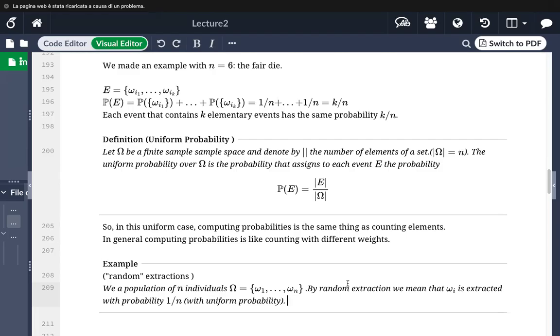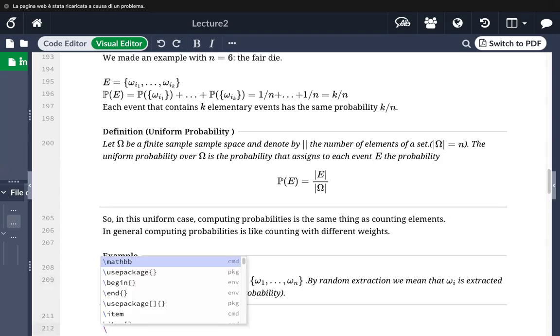So here random has the meaning of uniform, but every extraction is random, maybe also with a non-uniform probability. So this is an example. Then the other examples are the usual ones.